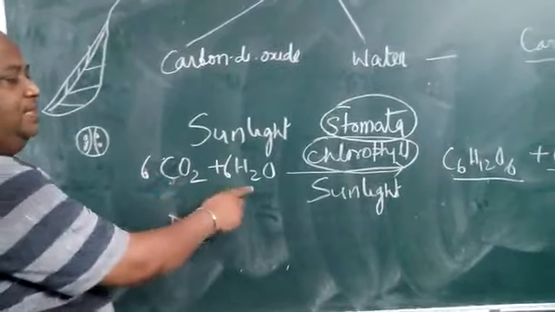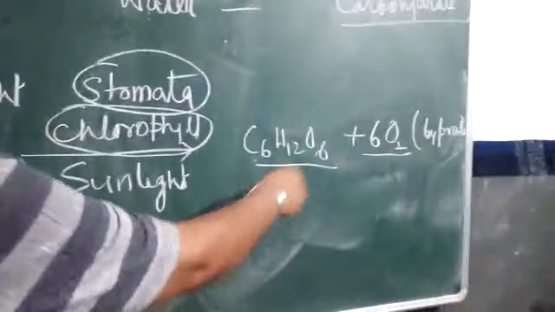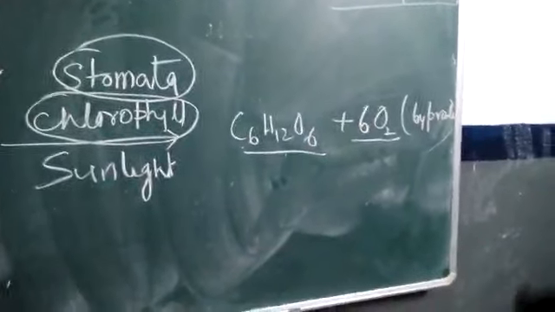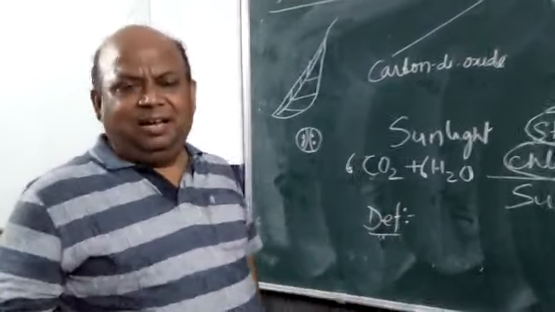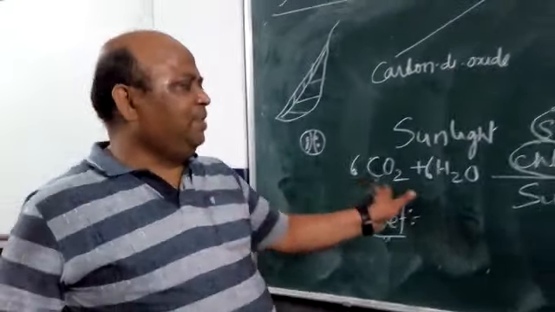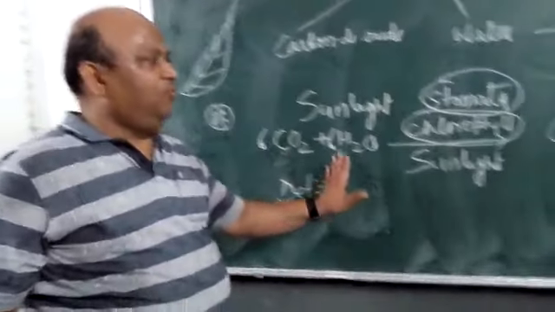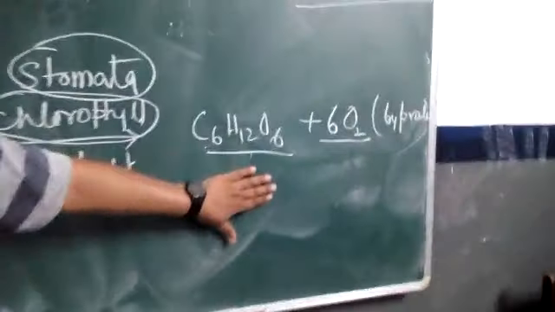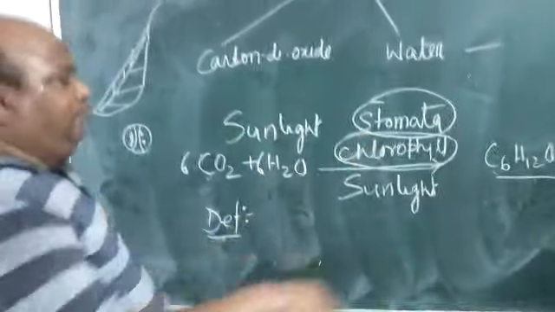Carbon dioxide mixes with water in presence of chlorophyll and sunlight, it forms the carbohydrate and liberates oxygen, that is a byproduct. And 6 I have mentioned just to balance it. Normally, we balance the chemical reactions. So 6 carbon dioxide and 6 water molecules combine to form 1 molecule of the carbohydrate and 6 molecules of oxygen. This is the entire nutshell of that.